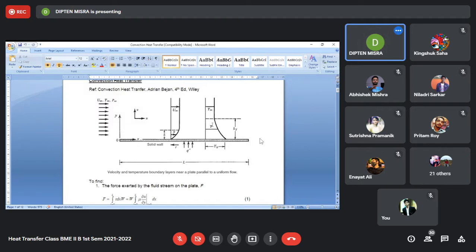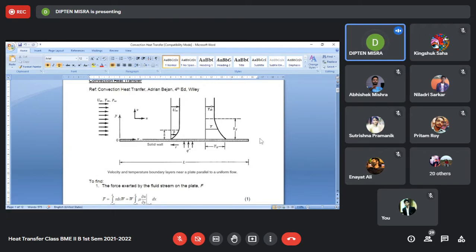So we can have two such phenomena. One, in terms of velocity, varies inside the boundary layer zone, which is called the hydrodynamic boundary layer zone, and outside there is a free stream zone.